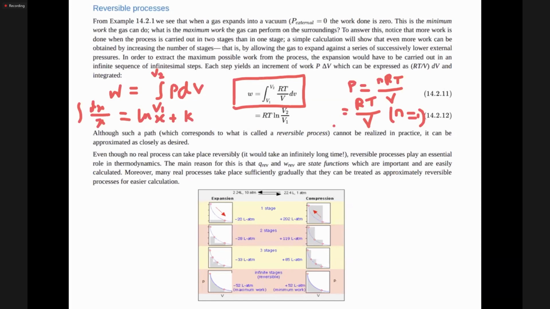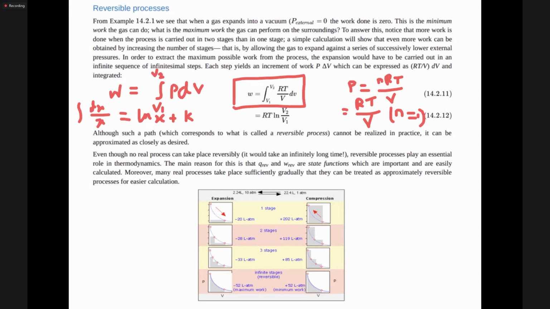But as I have already told you, such a path corresponding to a reversible process cannot be realized in practice. It can be approximated as closely as desired. So although such a path corresponds to a reversible process, it cannot be realized in practice.